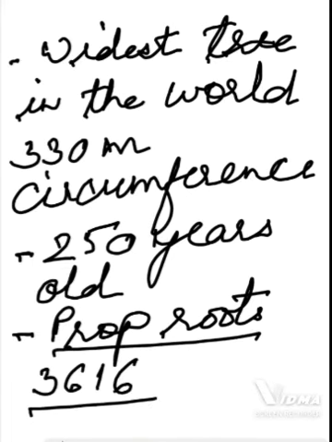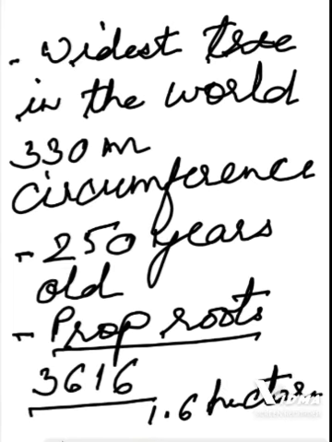It is such a huge plant that everywhere we feel there are many trees, but it is actually one tree, and all these prop roots cover the entire area. This single tree covers around 1.6 hectares of land.